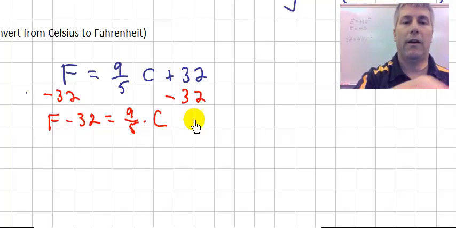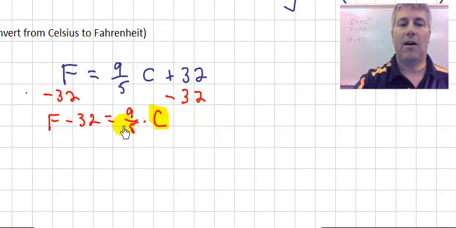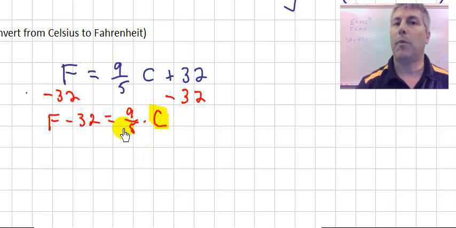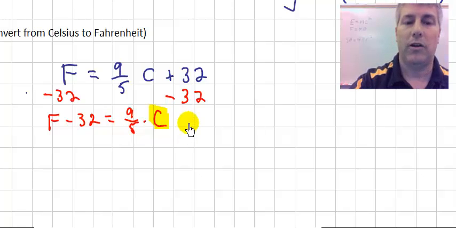Okay, so we've got F minus 32 equals 9/5 C. Remember, our goal here is to get C all by itself, but we got the 9/5 hanging on. So what we can do is we can simply multiply the 9/5 by its reciprocal. Okay, it's the multiplicative inverse. It's going to give us 1, and that's what we want. Our goal is to get 1C.